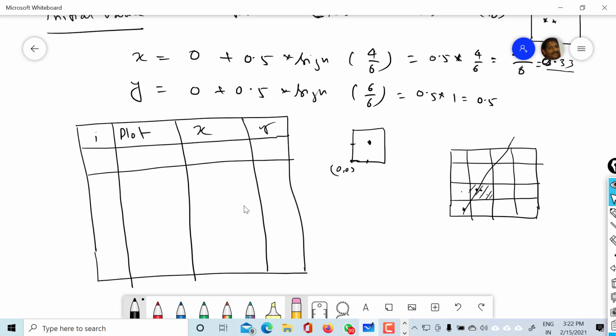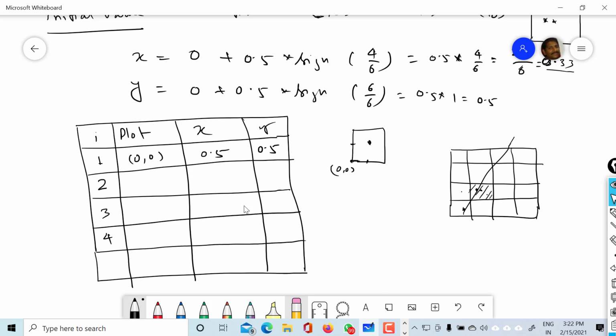So the initial value of x will be 0.5 and 0.5, and we have plotted the pixel as 0 0, and the iteration number was the initial value, 1. Now we make the value of I as 2, 3, 4, like that. We will increase I until we get the last pixel, which was 4 6. When the value becomes 4 6, we close our calculation here.